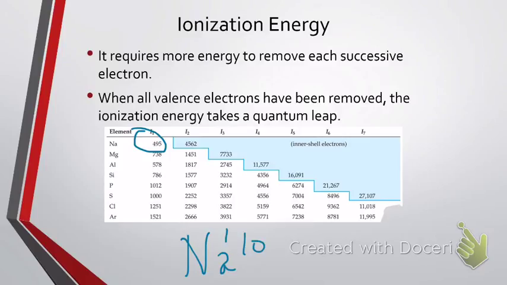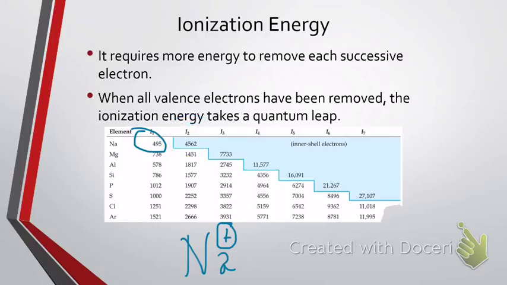That's why it's now a sodium plus cation, because it's got 10 electrons in it. It looks like neon. It likes to look like neon. It likes to have that noble gas configuration. It's happy. If you try to remove the next electron out of it, see, it goes up from 495 joules to 4,562. It's a huge leap because it's happy when it looks like a noble gas.